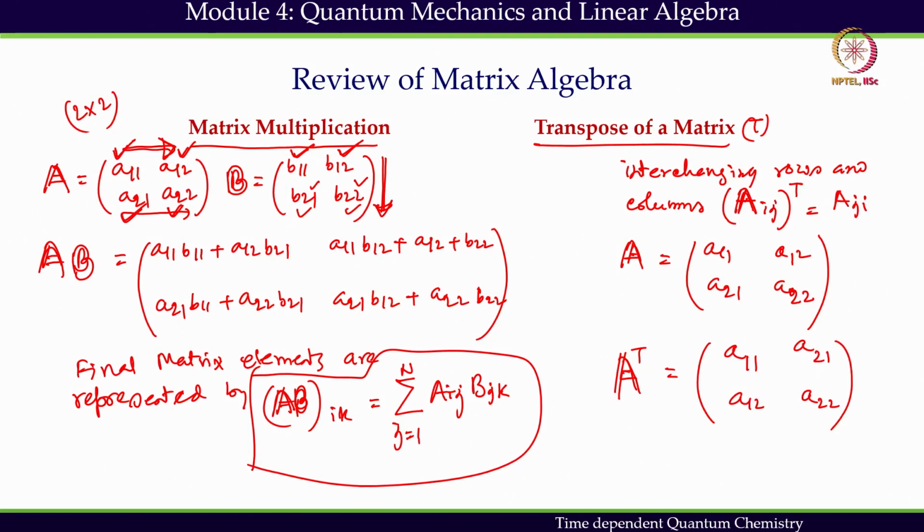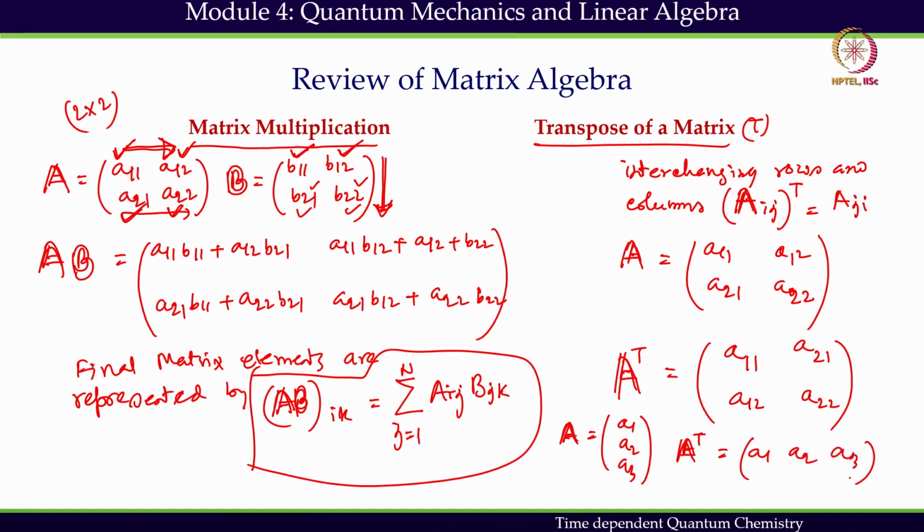Therefore, the transpose of a column matrix is a row matrix. If I have a column matrix like this, A1, A2, A3, then the transpose would be the row A1, A2, A3.